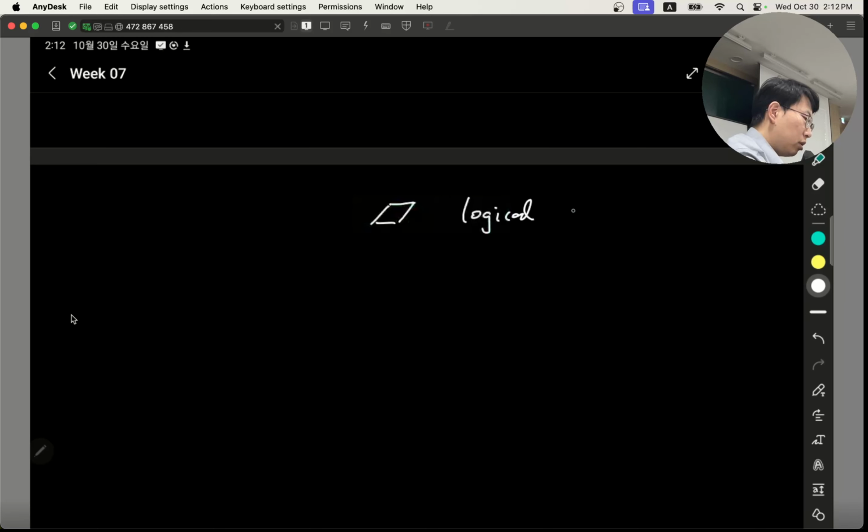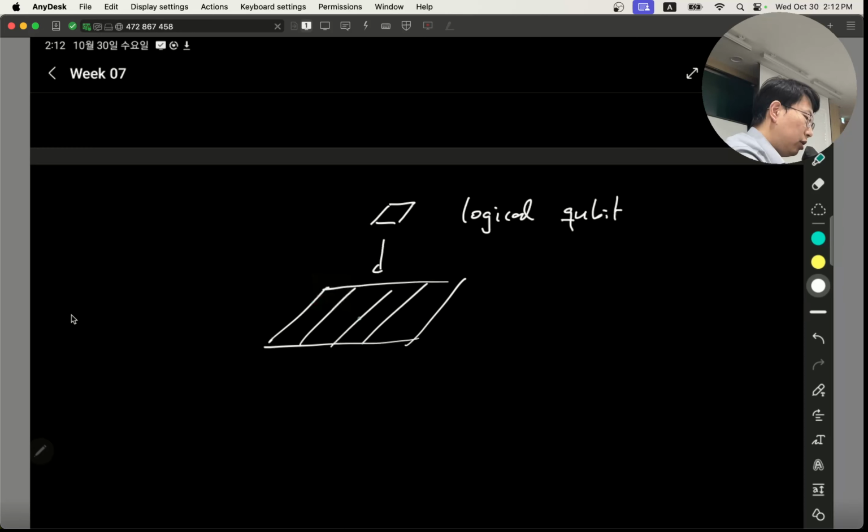A logical qubit means that it consists of lots of physical qubits, real qubits, to encode one qubit of information. So then it actually consists of lots of physical qubits, right? But then you only get a failure rate like 10%.